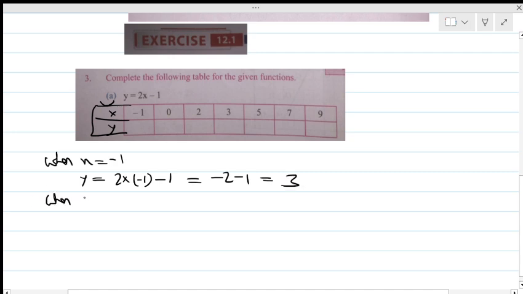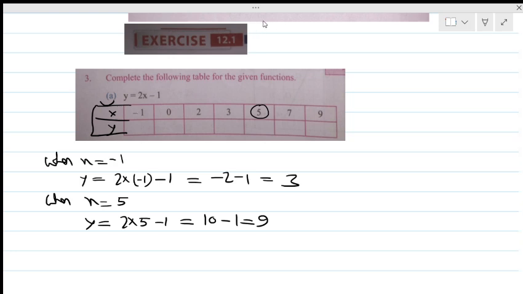Next, suppose I keep x equal to 5. When x equals 5, y equals 2 into 5 minus 1, so you get 10 minus 1, which becomes 9. And these values we have to fill in the table. When we took x equal to minus 1, its resulting y is 3, so in place of its corresponding y we give the value 3.